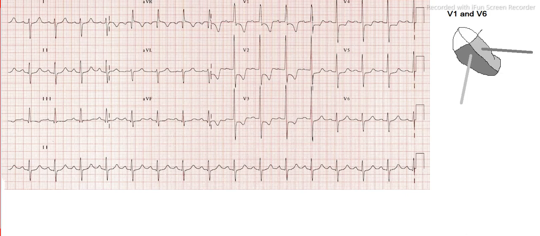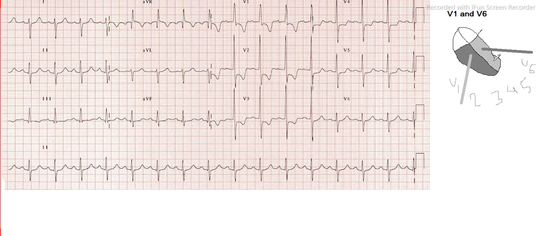So when you plot the chest leads, V1 will be somewhere here, and V6 will be somewhere here. Gradually V2, 3, 4 and 5 will be here.